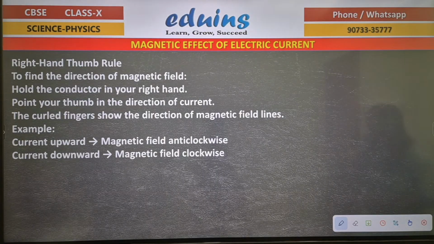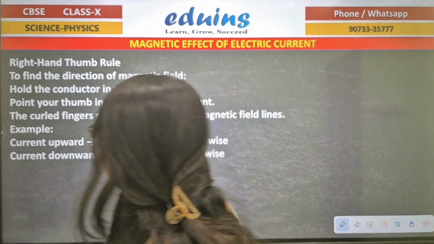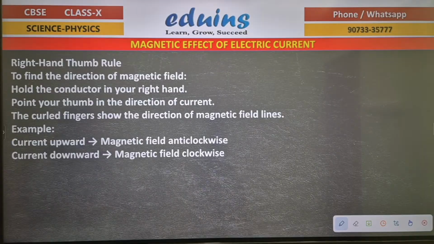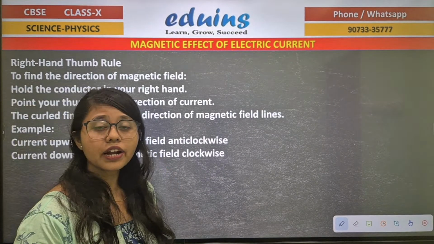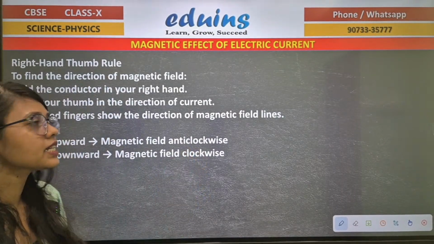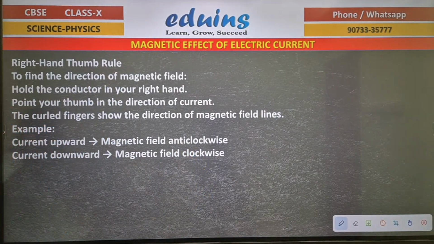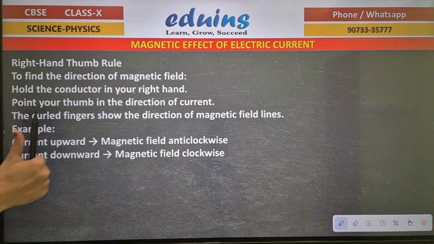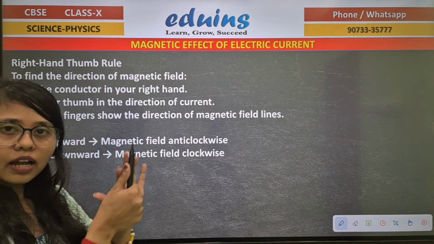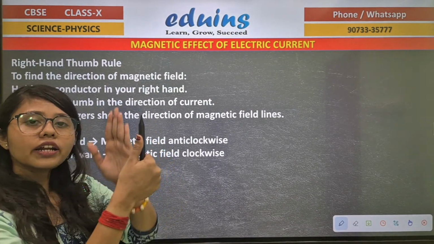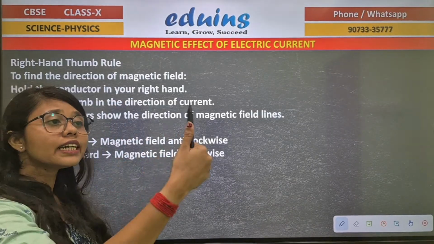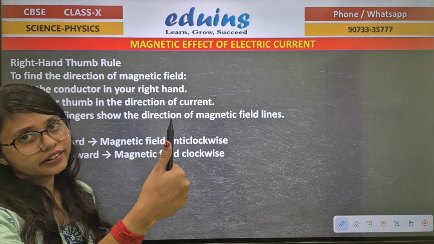So, the right hand thumb rule. To find the direction of the magnetic field, hold the conductor in your right hand. If we take a current carrying conductor and hold it with our right hand, we point the thumb in the direction of the current, so this is our thumb and it is directed upwards. This is the direction of the current.